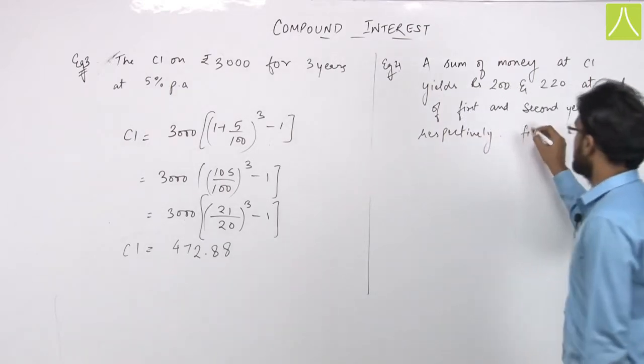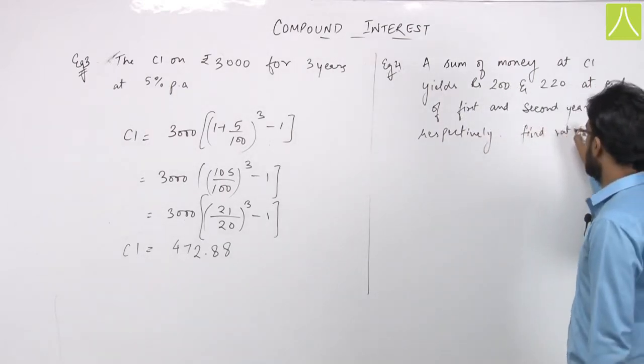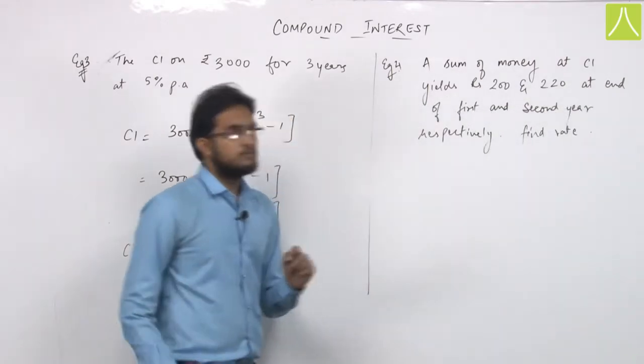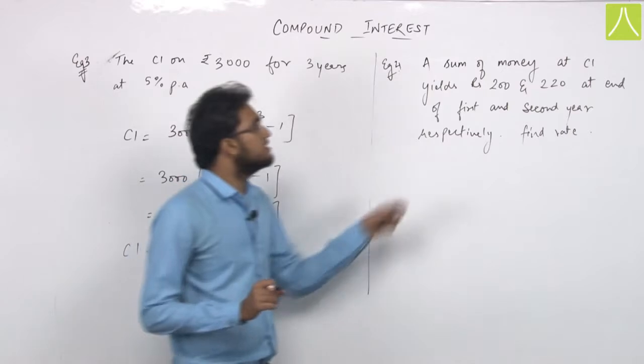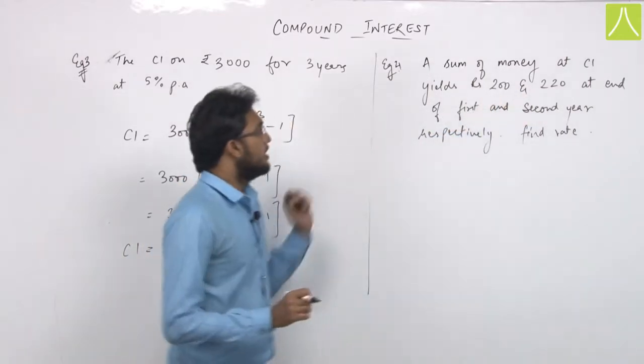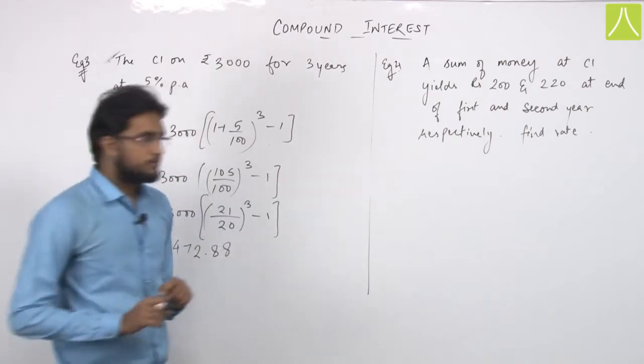We have to find the rate percent. In this question we have invested a sum of money which yields rupees 200 for the first year and rupees 220 for the second year, and so we have to basically find the rate.